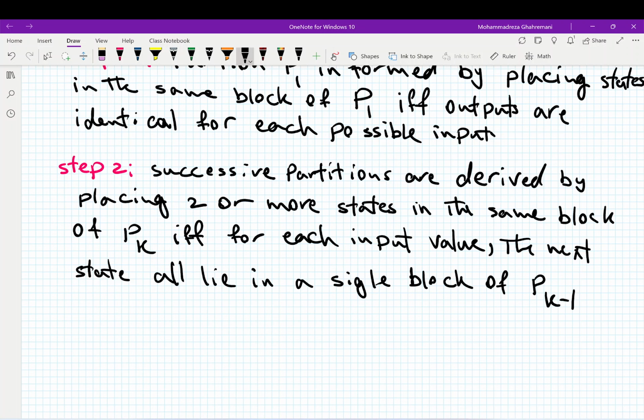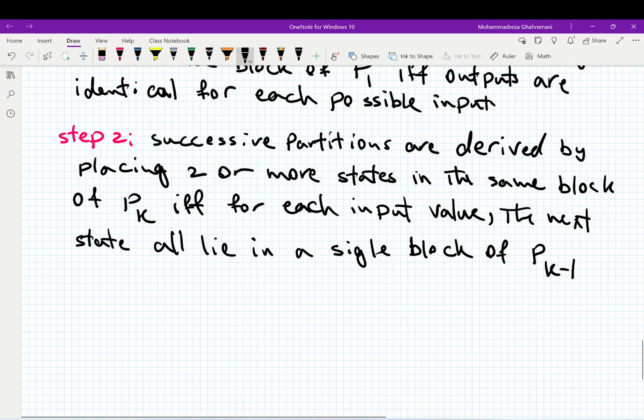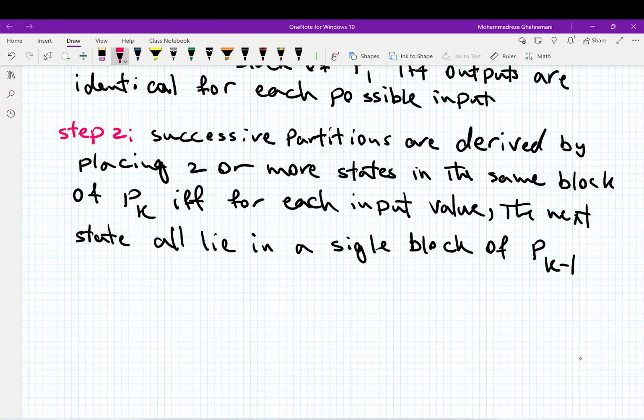So after we put the states which have identical outputs for each possible input in the same block in P1, for the successive partitions, we put the states that have the same next state in the same block.